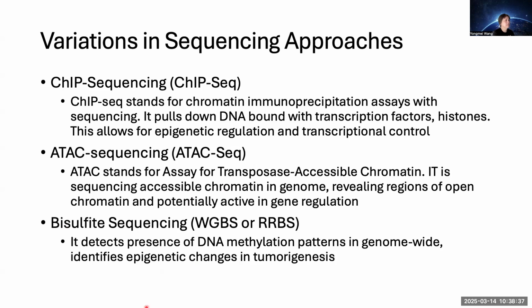It's called DNA methylation. So these data will report on the DNA, the genome, which sites have methylation. So this is the DNA methylation pattern. DNA methylation is also related to epigenetic control of gene regulation, and it is related to tumorigenesis, and people pay quite a lot of attention to the DNA methylation pattern. Okay.